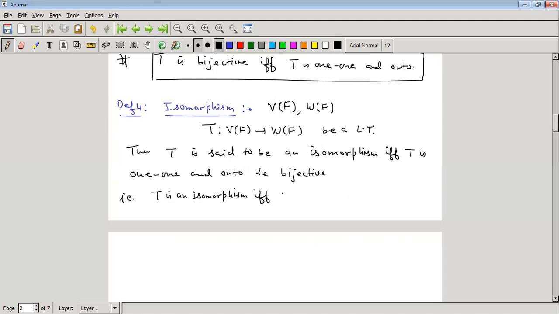If and only if for all y in W, or we can say given any y in W, there exists a unique x in V such that T of x is equal to y. So T is an isomorphism if and only if it is bijective; if T is bijective, then T is an isomorphism. Okay.